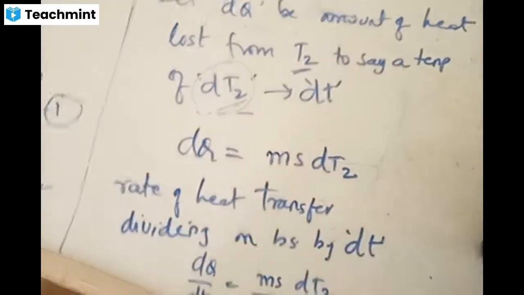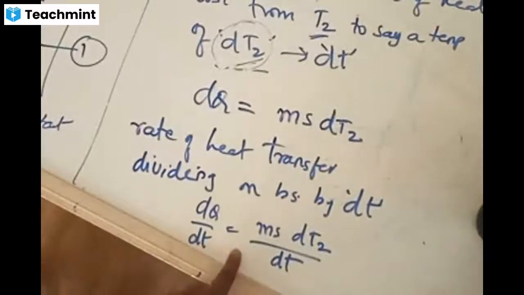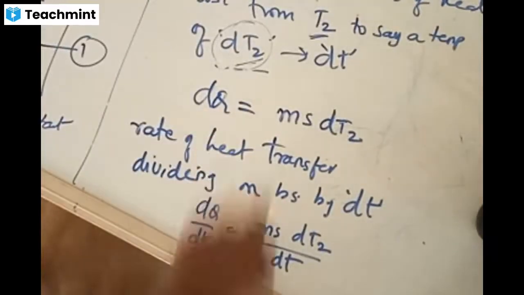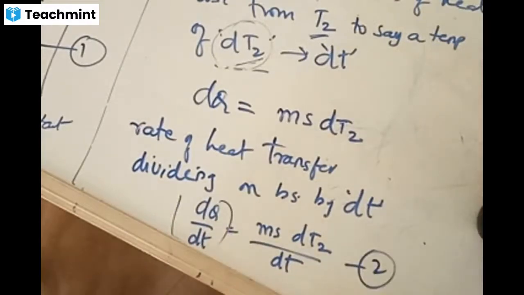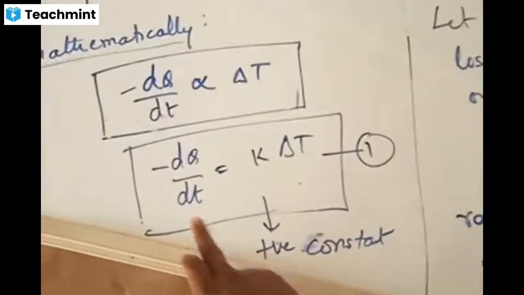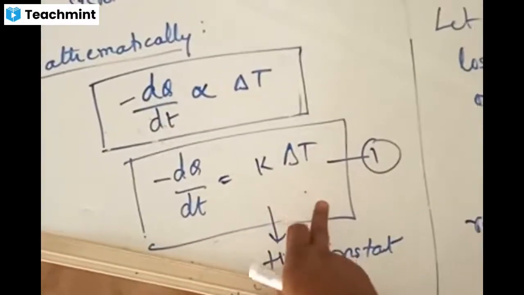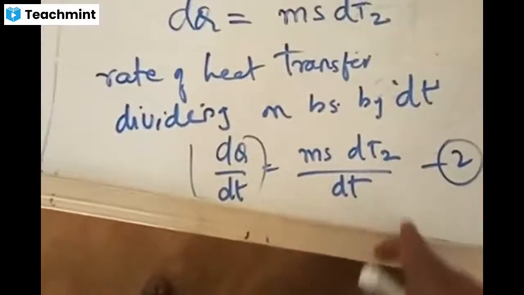dQ by dt is equal to, now this is equation number 2. What is the first equation? The first equation is dQ by dt is equal to k times delta T. The second equation is dQ by dt is equal to m s dT2 by dt.